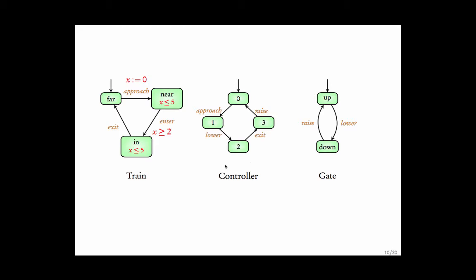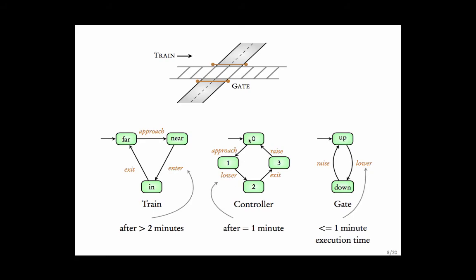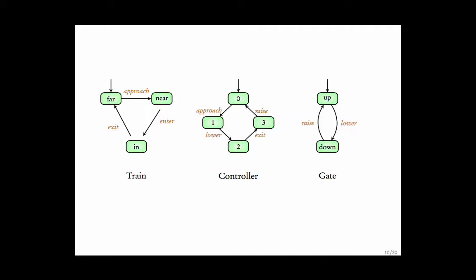What about this? Here, once again, we said that between approach and lower, there is exactly 1 minute delay. To do that, we add a clock to this system. This is a clock different from here. However, all clocks are assumed to go at the same rate and the same rate of time.